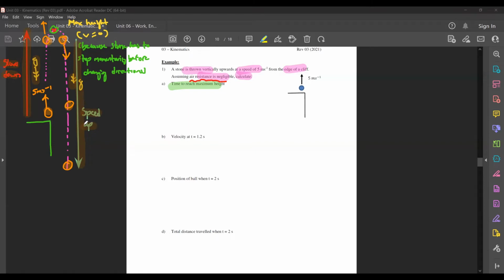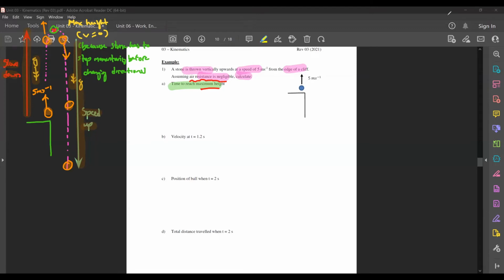Now, if you go back to the question itself, where we tell you the time taken to reach maximum height, you can make use of your kinematics equation. Because just now I mentioned the only force acting is your weight, so you are going to experience gravitational acceleration g, and that acceleration is the same throughout your motion. So it can be considered a constant acceleration case.